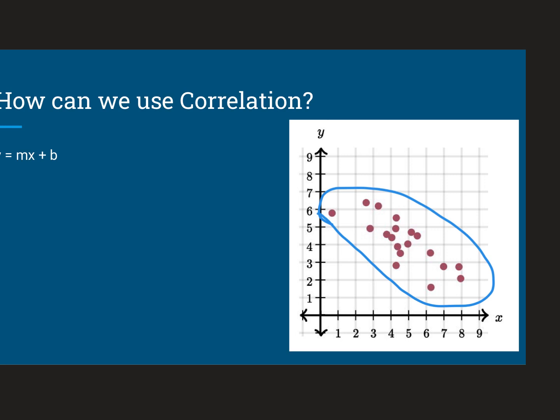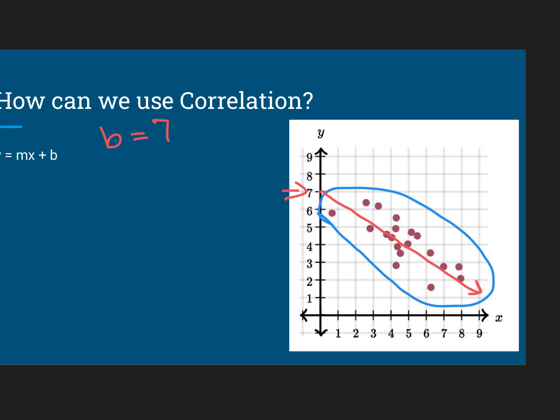Okay, so again, we're going to try to go about right in the middle of our data points. So I'm going to say the line goes from about, let's say, right about here. Okay, so again, y equals mx plus b. Our b looks like it's about 7. Then we need to find our slope.